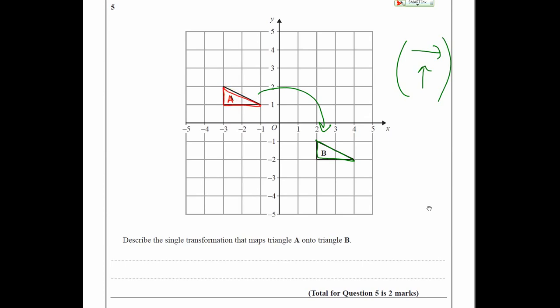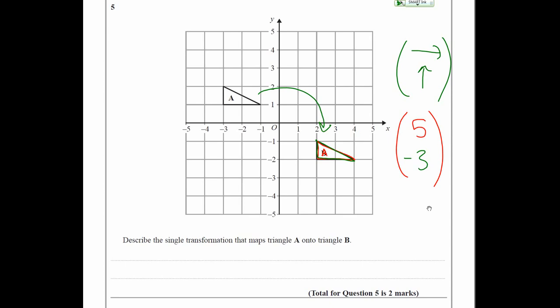So let's count how many across. 1, 2, 3, 4, 5. So it's 5 across, and that's positive to the right, so that's just a positive number. Let's count how many down. 1, 2, 3. But it's gone down, so it's a -3.